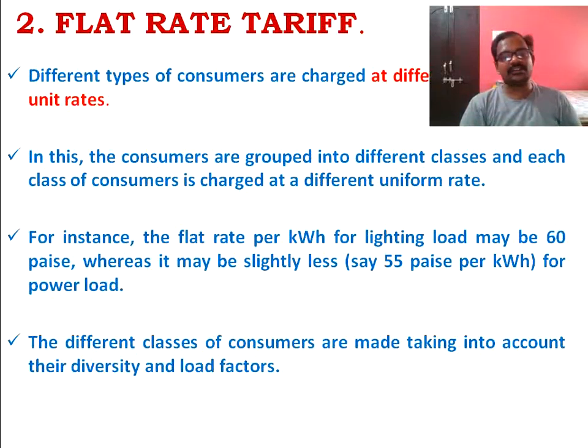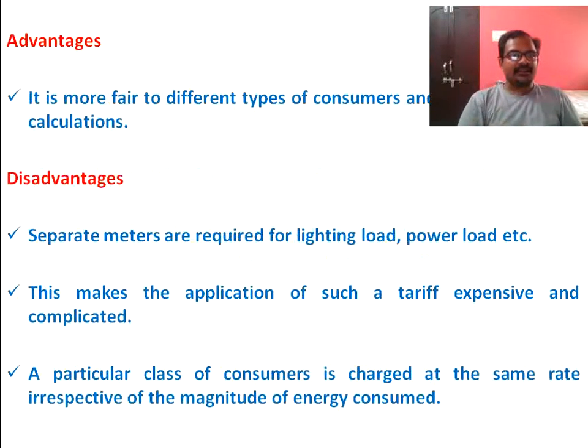It is how they will be charged, right? And the advantage is it is fair to different types of consumers and is quite simple in calculation. What about the drawbacks? Separate meters are required for lighting load and power load. This makes the application of such a tariff expensive and complicated because 2 meters are involved, right?